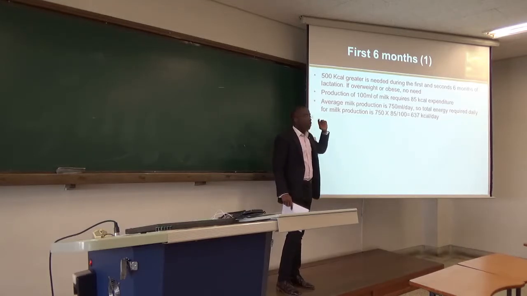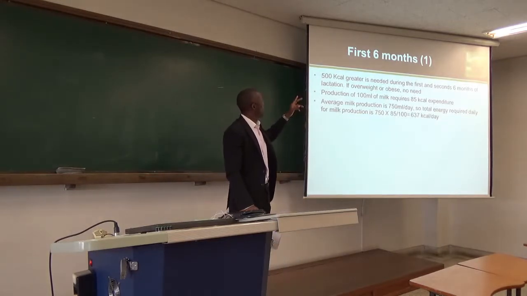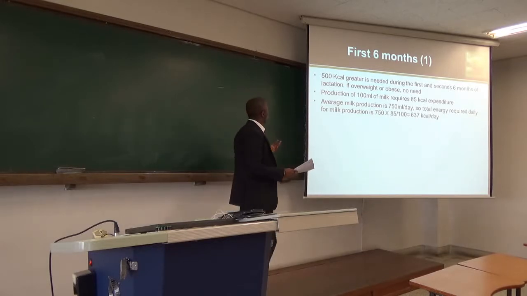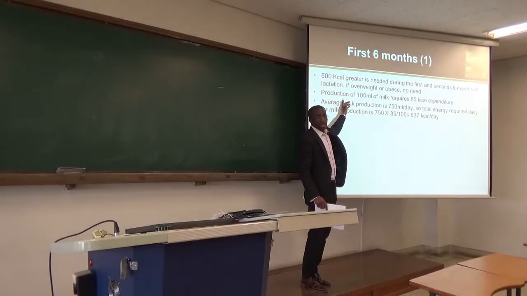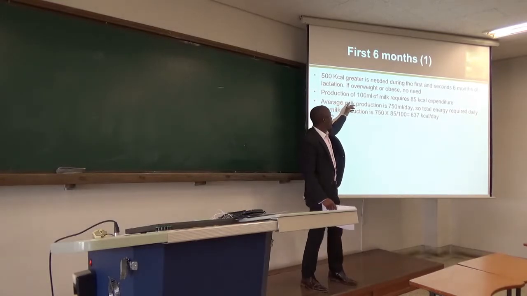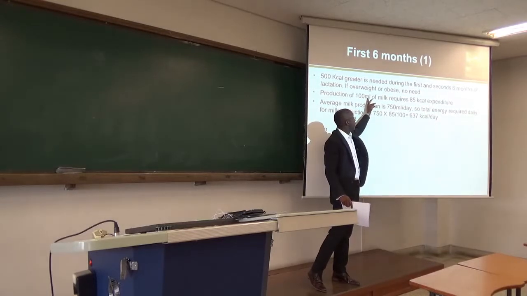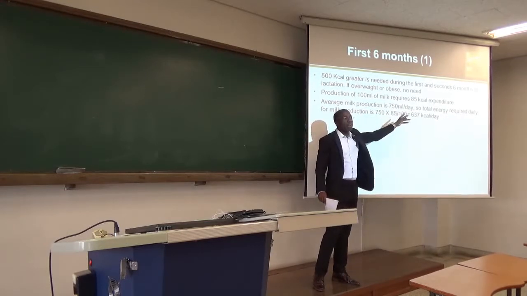So during the first and second 6 months of lactation, what is happening? Why? So what we have here is every time the mother is making 100 milliliters of milk, she is actually losing 85 kilocalories.